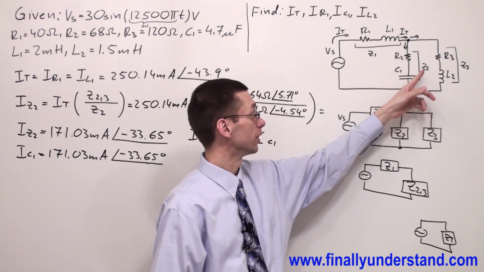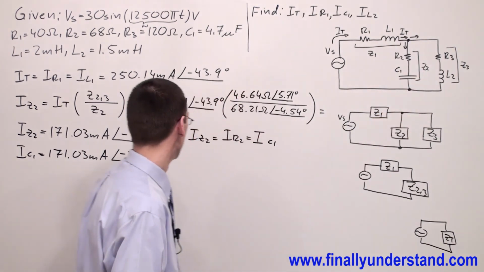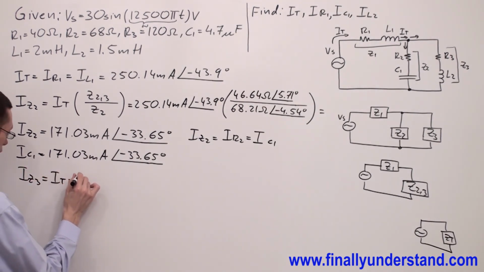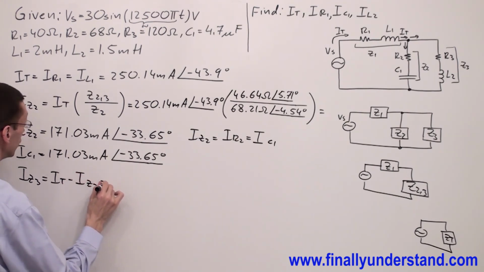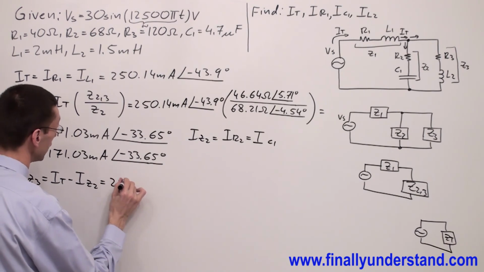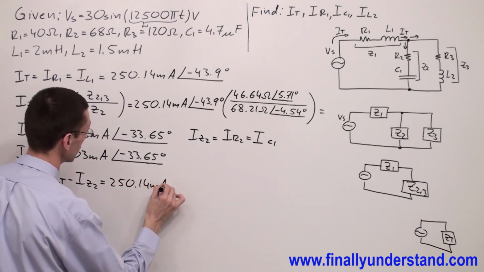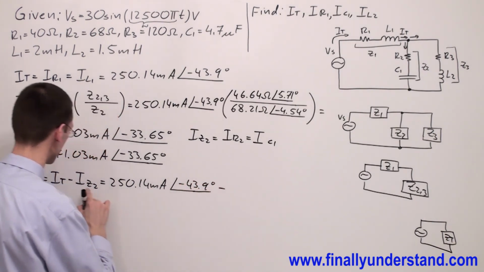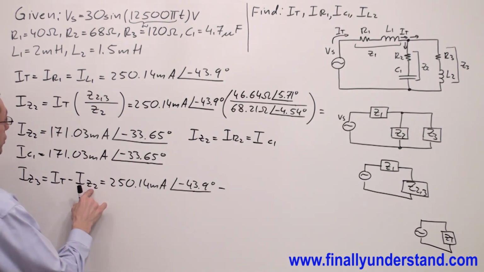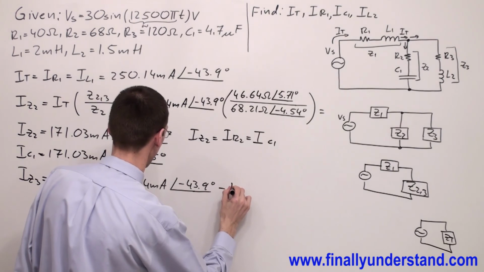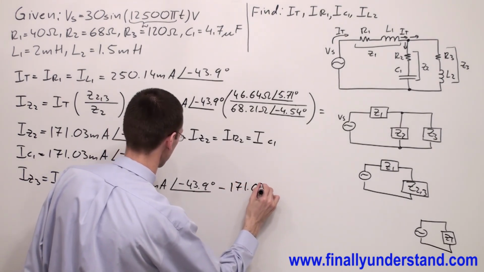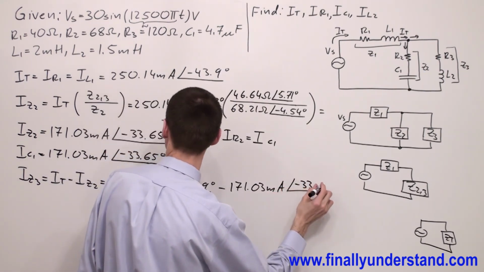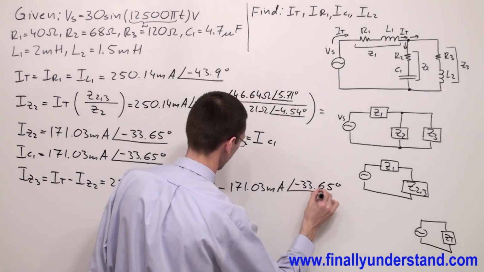In order to find the current which goes through the inductor L2, I'm supposed to find the current which goes through the impedance Z3. So IZ3 is equal to I total minus IZ2, where I total is equal to 250.14 milliamps, an angle of negative 43.9 degrees, minus IZ2, which is equal to 171.03 milliamps, an angle of negative 33.65 degrees.